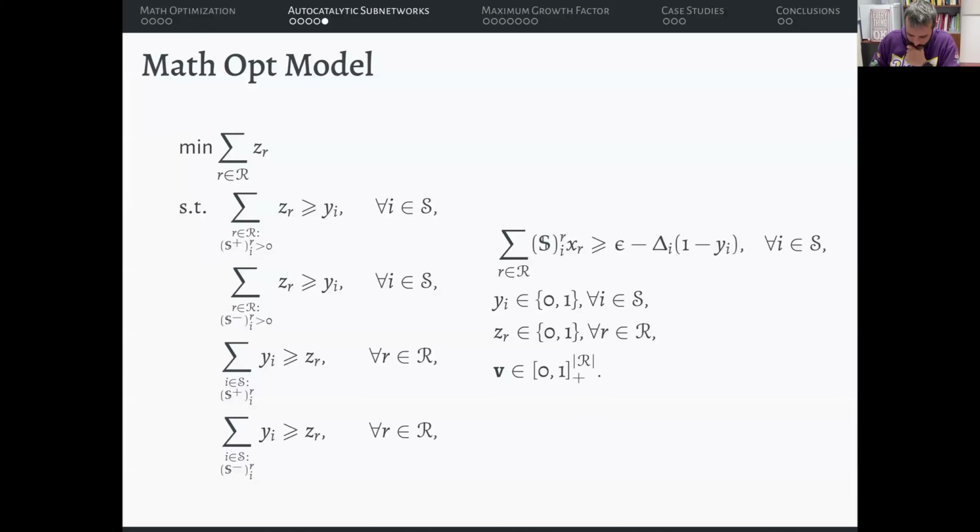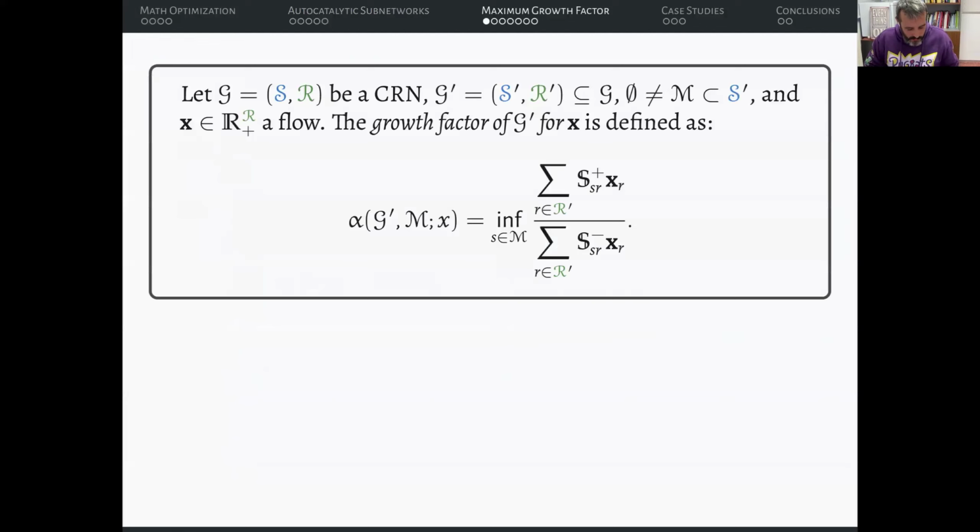And then we started to think, if we have a list of minimal autocatalytic subnetworks, which can be a lot, how can we measure how good those solutions are among them?